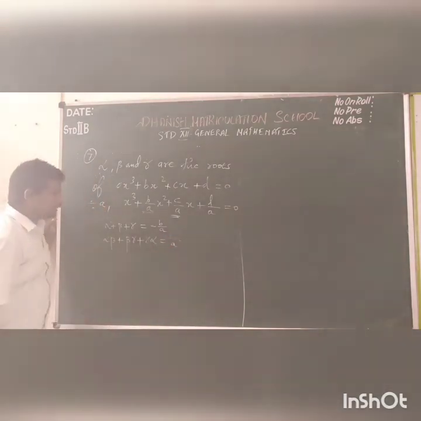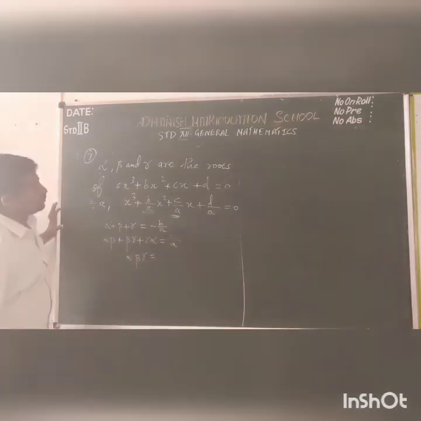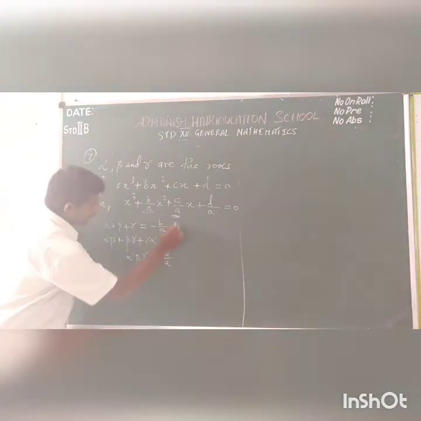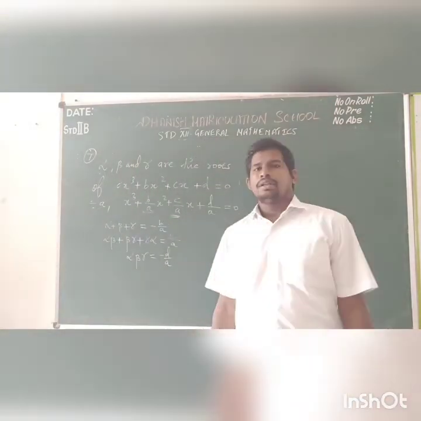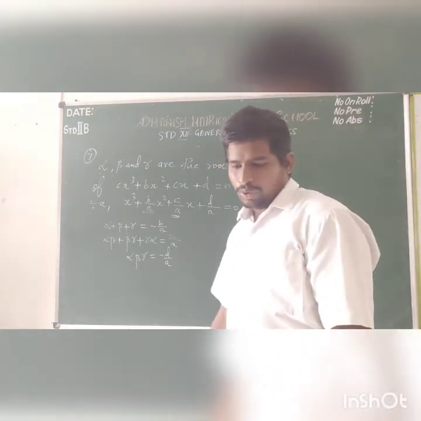Now the last value, the product of roots, alpha beta gamma, equal to minus d by a. We got three values by Vieta's formula.